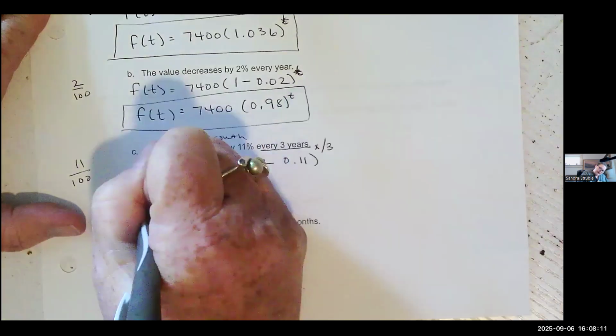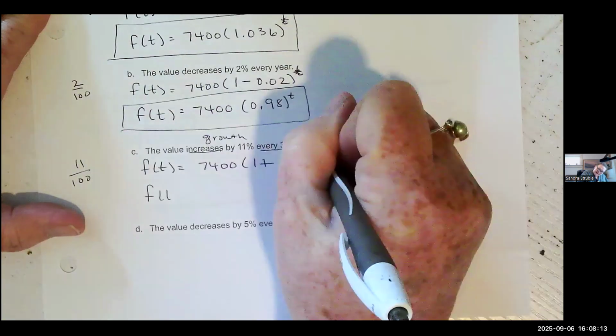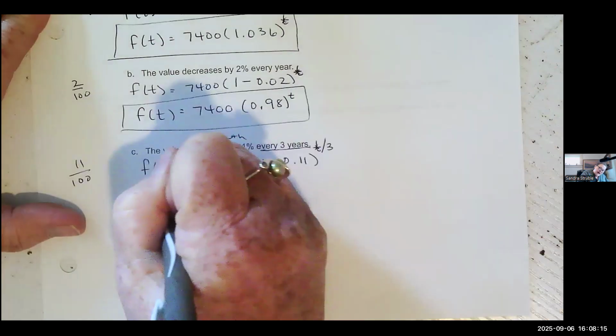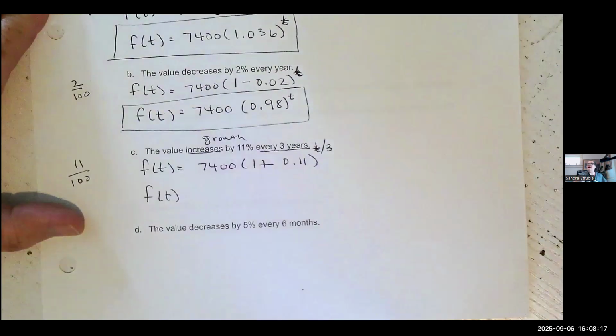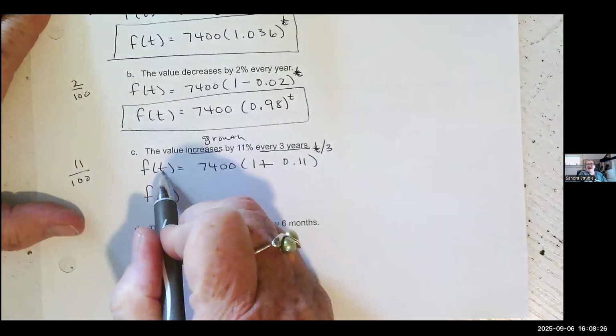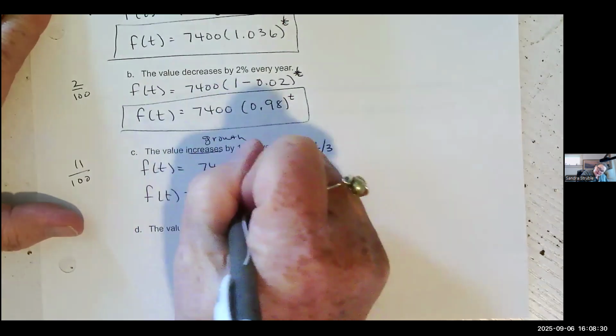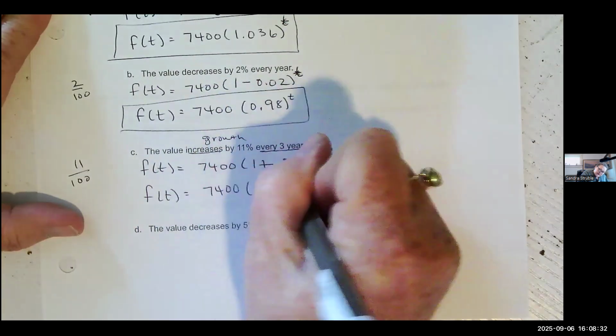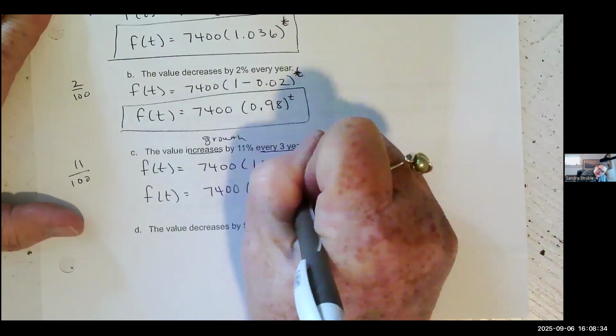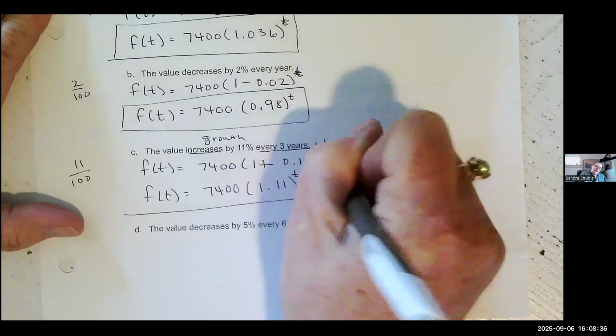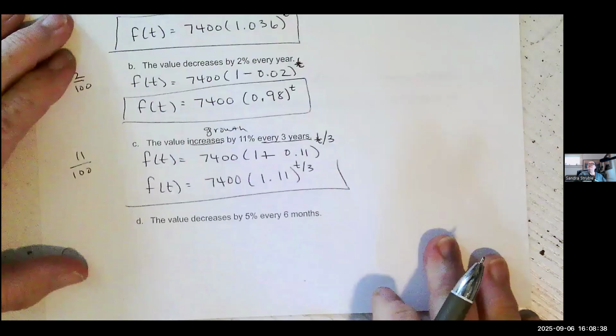And now all I need to do is T divided by 3. I won't have issues with that in my exam because I make the same stupid mistake, but mom will count it wrong. So if they're using T, you have to use T. And if you get it counted wrong, it's usually because of that. It's increasing, just making sure my notes are right. T divided by 3. There's my answer for every 3 years growth of 11%.